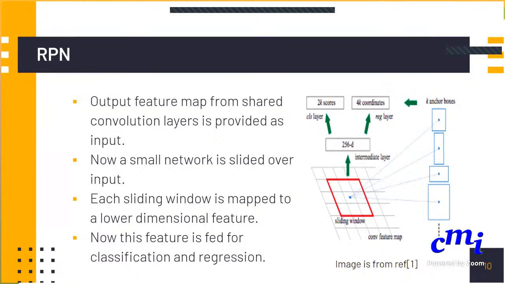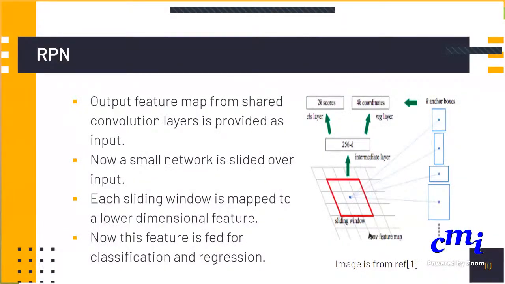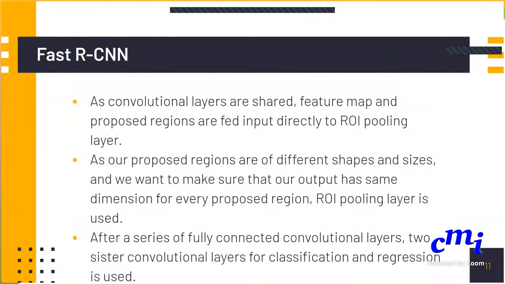So after the training has been done for the coordinates and the scores, they are sent to the Fast RCNN input layer. In this layer, the convolution feature map will also be transmitted, so there are basically two inputs for that.